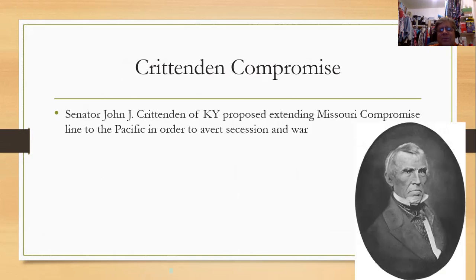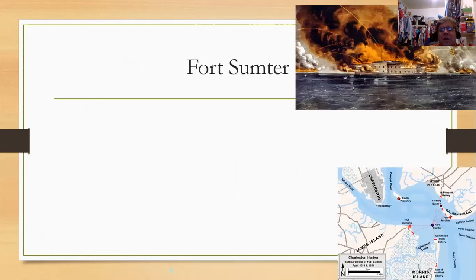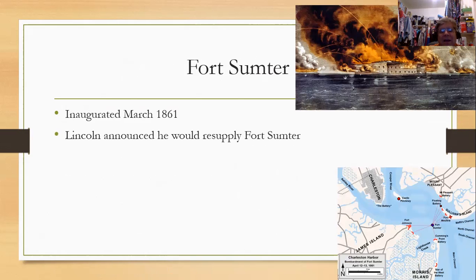He proposed extending the Missouri Compromise line to the Pacific in order to avert these states leaving the country and to avert war. This wasn't accepted, though. Lincoln was inaugurated in March of 1861, so Buchanan's no longer the president. Lincoln announced he would send supplies to Fort Sumter.